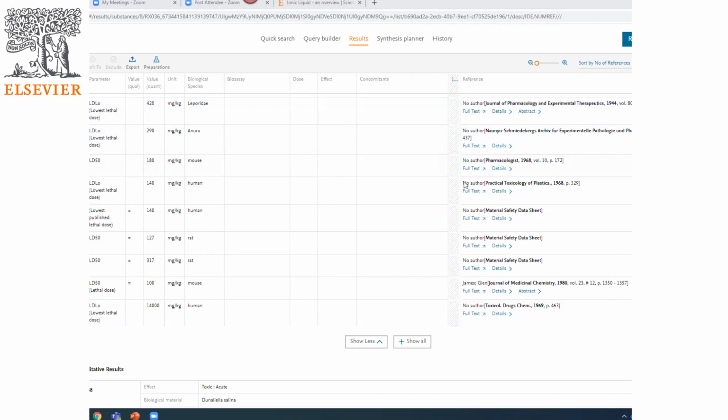What else do we have? If we have any other questions: how can we prolong access to Reaxys? As I explained, you can contact Elsevier, and it's better to ask your dean or vice rector or vice president to submit an official letter.